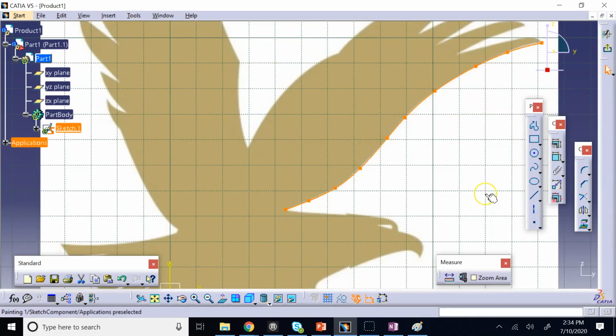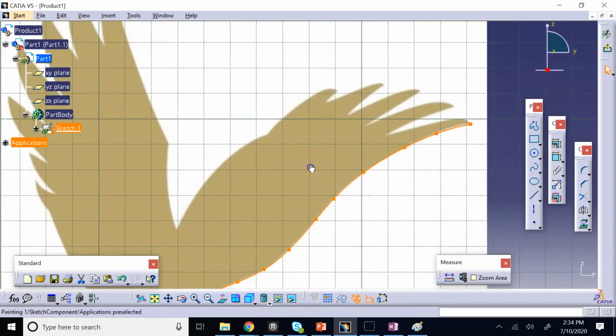Now, the important thing is when you are tracing something, if you are reaching sharp corners where there is no smoothness anymore, so the tangent does change all of a sudden, do not keep using the spline. Splines are smooth curves.